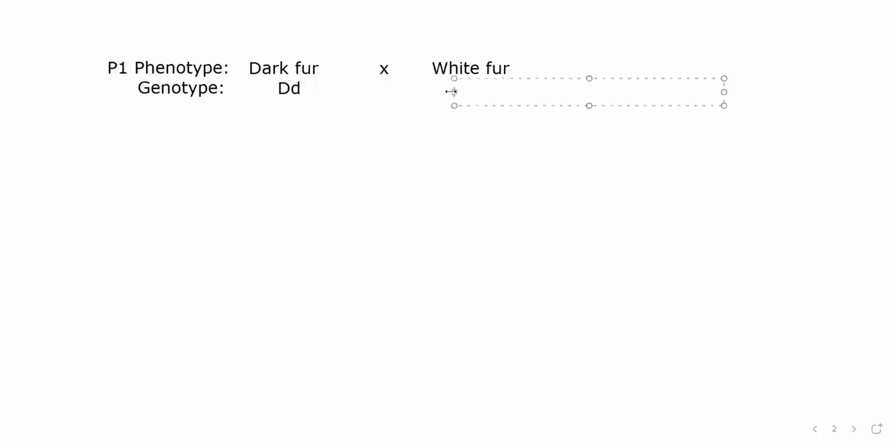You'll find someone that's written there for the female white fur, and here writes a genotype like this, and then the person moves on. You should understand, the moment you make this kind of mistake, if the question is out of 6 marks, the maximum you will be able to get will be 3 marks, unless you perform some other miracles, because the genotype here is already wrong.